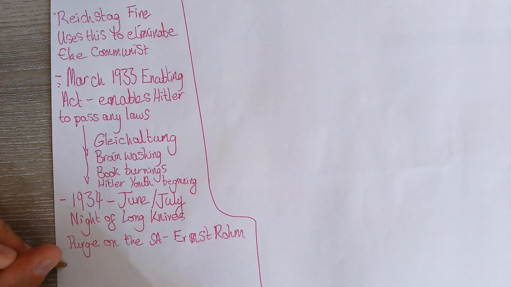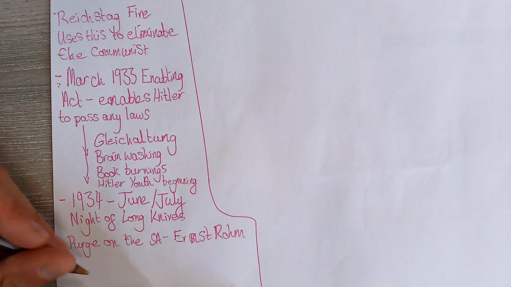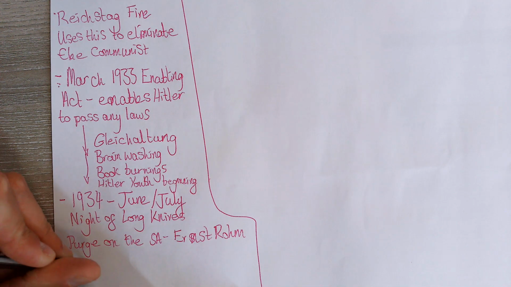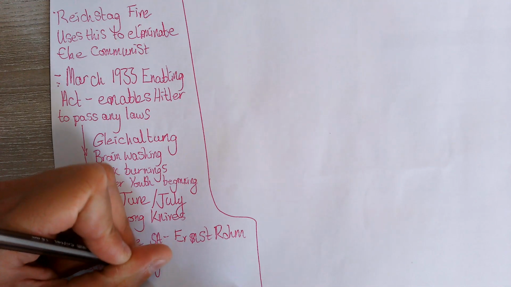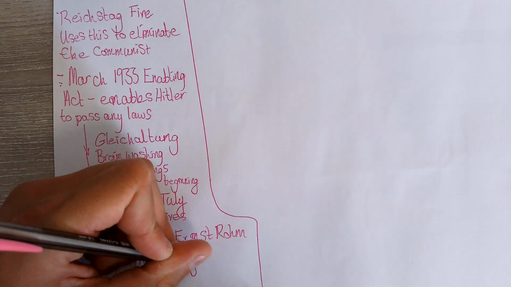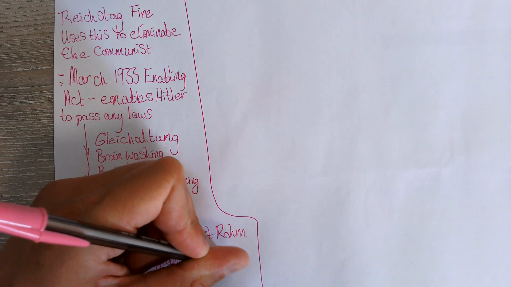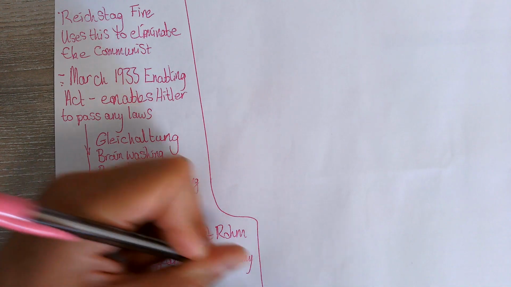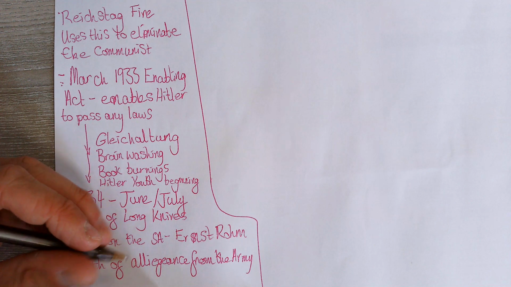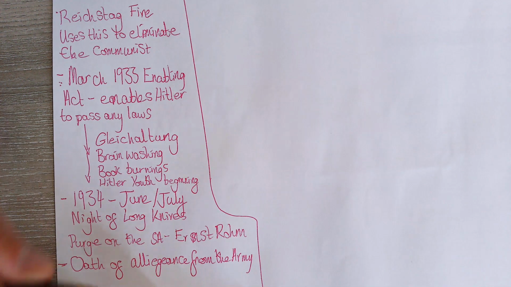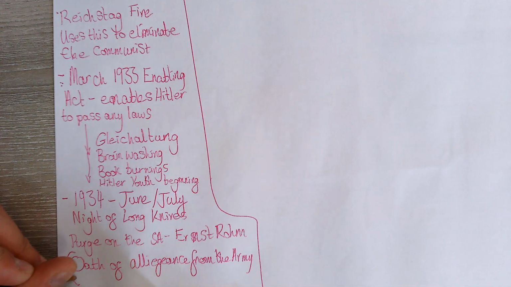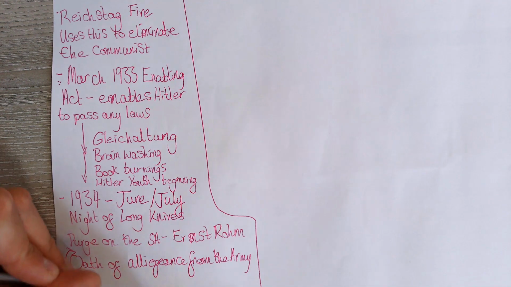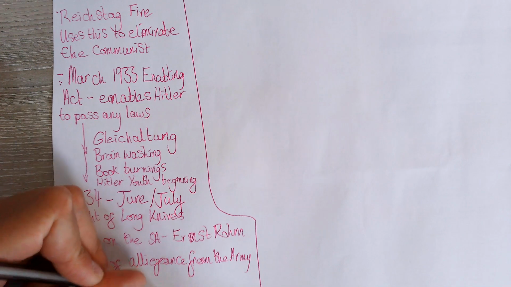And that leads to two main things. First of all, the Oath of Allegiance from the army. That's in 1934, also early July, I think, or is it August? It's August, because what actually comes first, and I should have written in there, is the death of President Hindenburg.